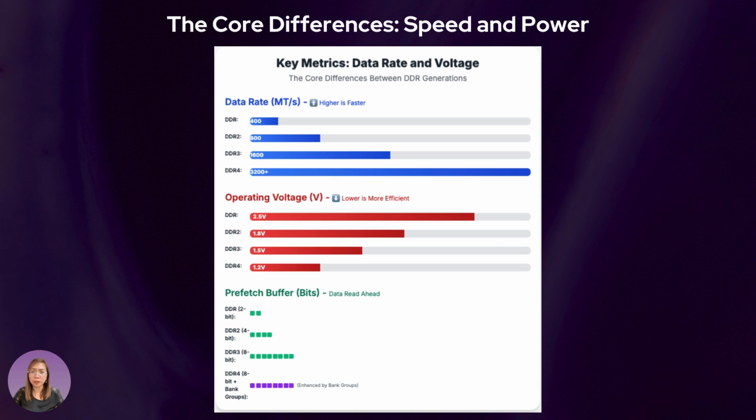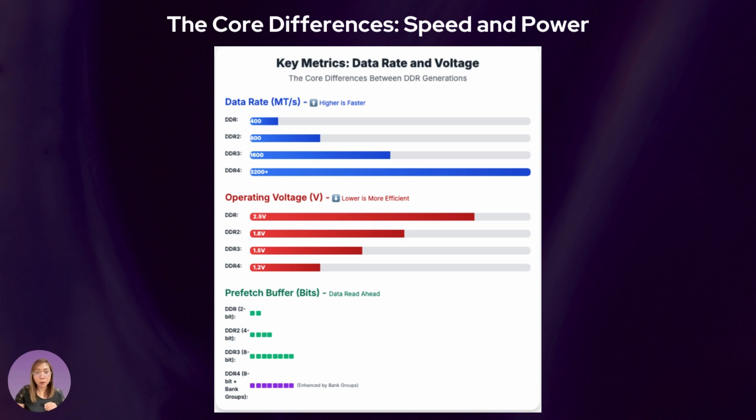Equally important is the voltage. We've gone from 2.5 volts in the first DDR generation to just 1.2 for DDR4. This drop dramatically reduces the amount of power consumed and the amount of heat generated, making modern systems much cooler and more efficient.